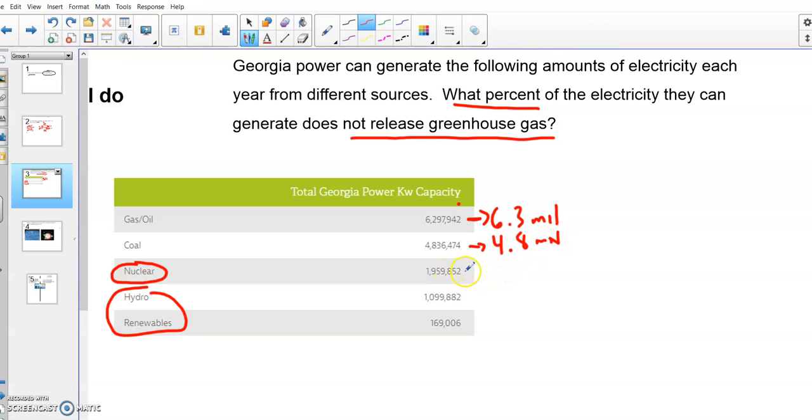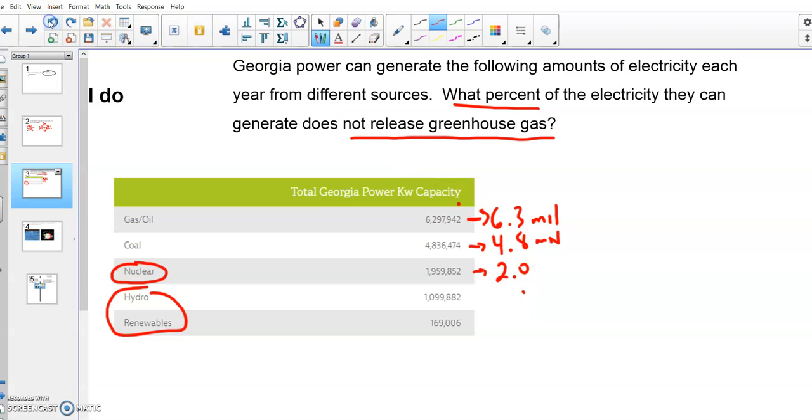That rounds up to 2 million. This is about 1 1/10 million. And this one's about 0 2/10 million. I'm having a problem with my pen. All right, so that's all just rounding.